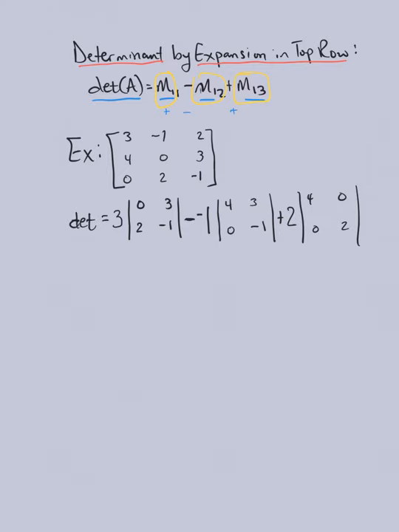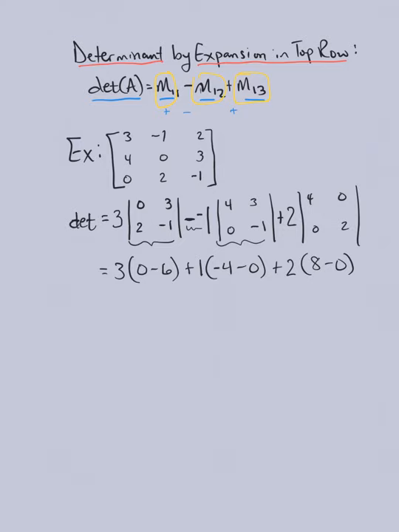Now we're ready just to calculate. So we have 3 times, we do this determinant, it's going to be 0 minus 6. And then here these two minuses combine into a plus 1 times the determinant in my second part, which is -4 minus 0. Then in that third part we're going to have plus 2 times 8 minus 0.